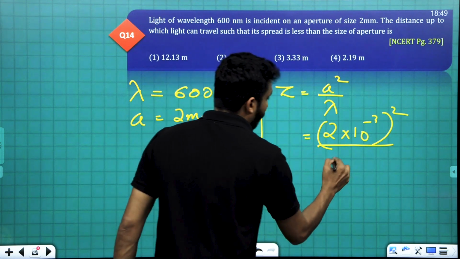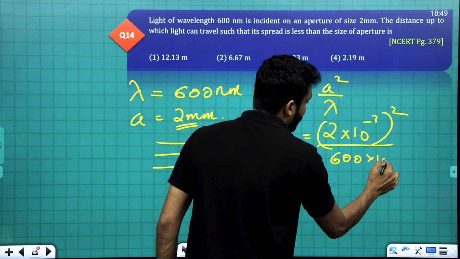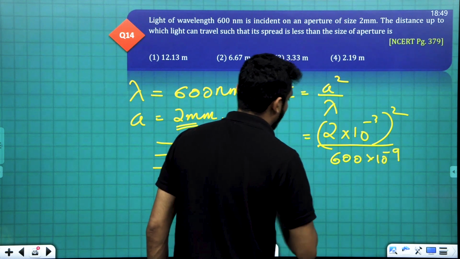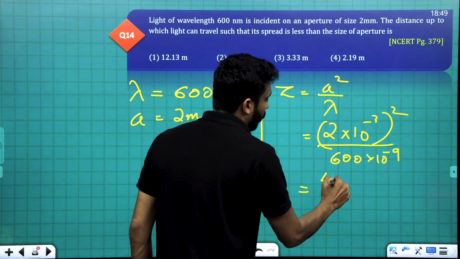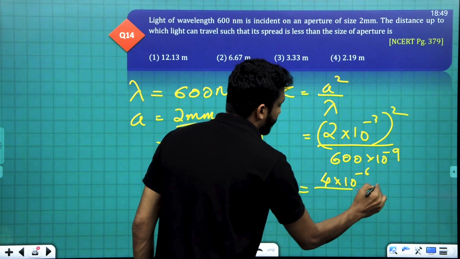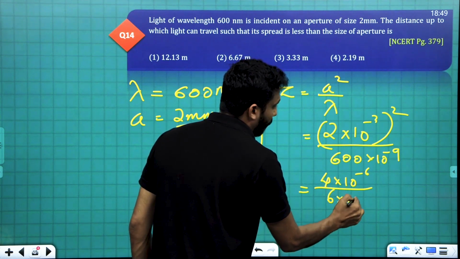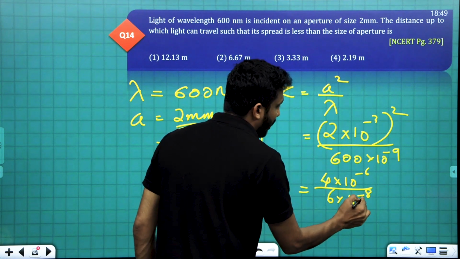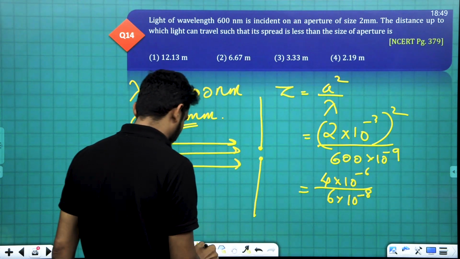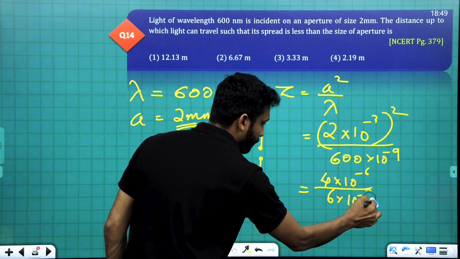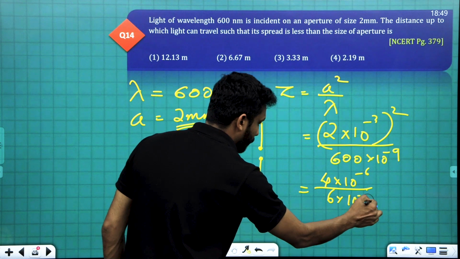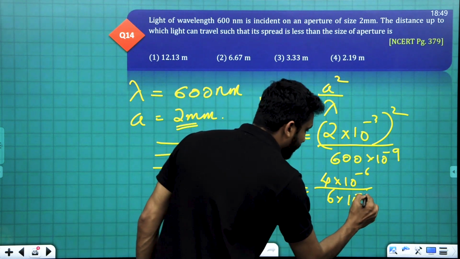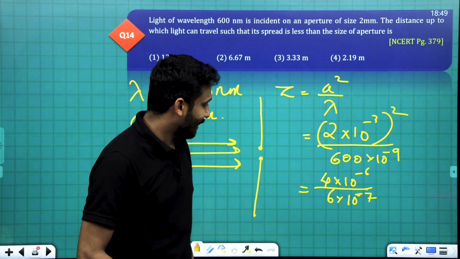Lambda is 600 nm, 600 into 10 power minus 9. This is 4 into 10 power minus 6, and this is 6 into 10 power minus 7. Clear?